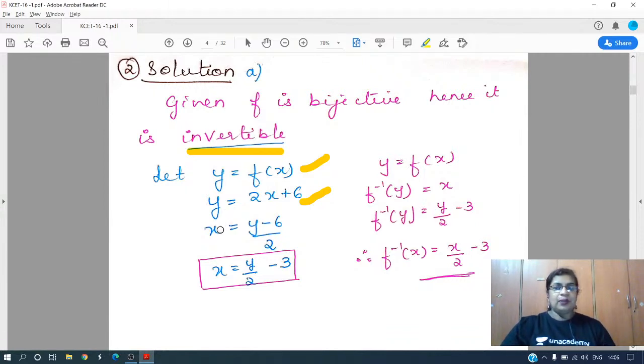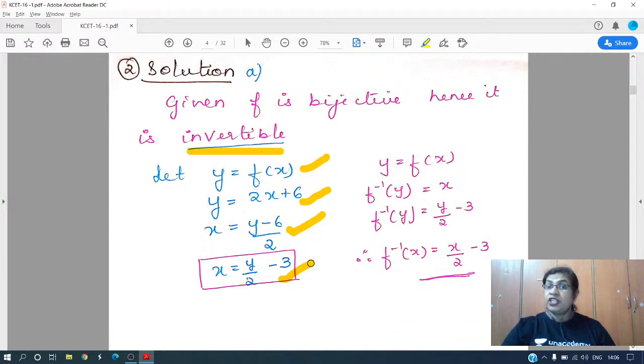So, x is equal to y minus 6 whole divided by 2. Now if I divide it individually, I will be getting x is equal to y by 2 minus 6 by 2, which is 3. So I have kept x ready.